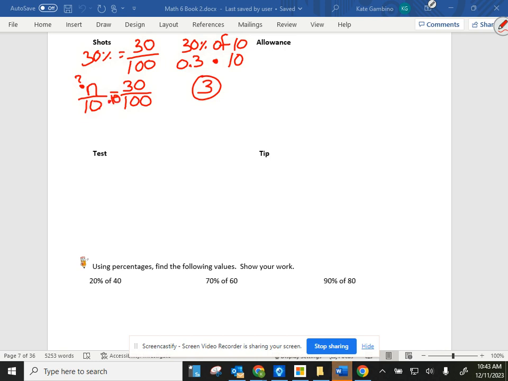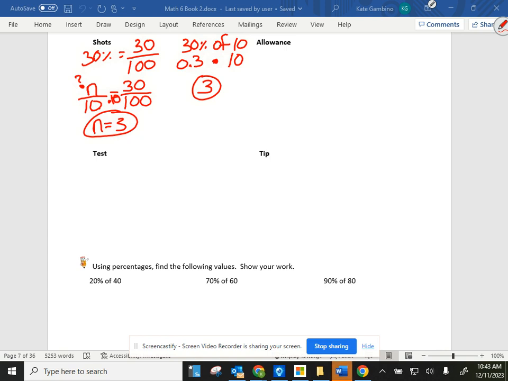That would be 10. So what times 10 equals 30? Madeline? 3. So you could solve it with the proportion. You could solve it by multiplying the decimal, and we get the same answer.